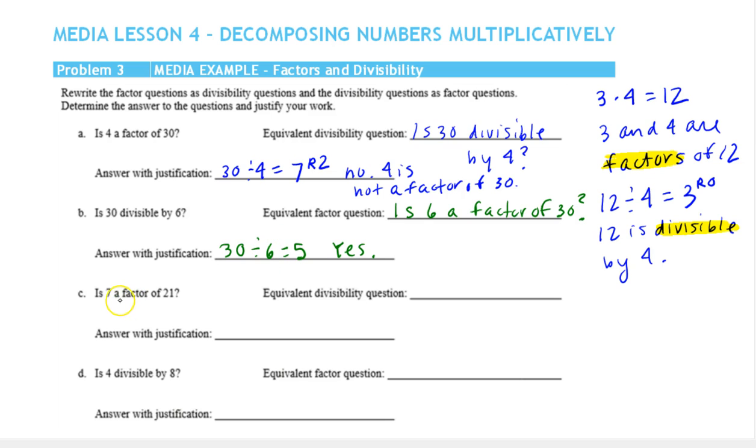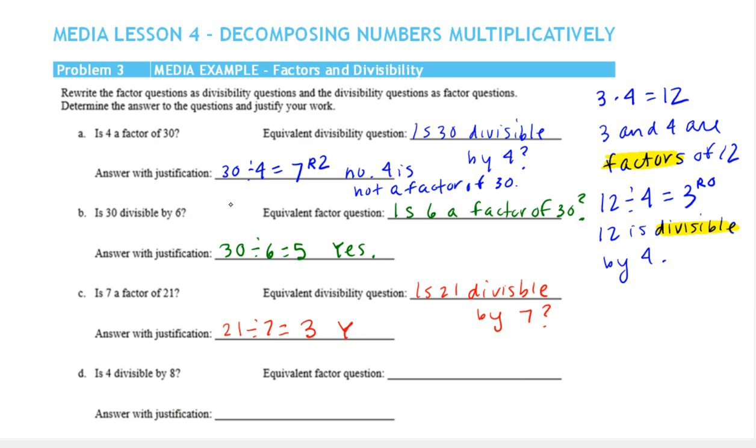Let's look at the next one. Is 7 a factor of 21? As a divisibility question, this is asking, is 21 divisible by 7? Well, if I take 21 and I divide it by 7, I get exactly 3, and there's no remainder, so that means it's divisible by 7, and equivalently, 7 is a factor of 21.